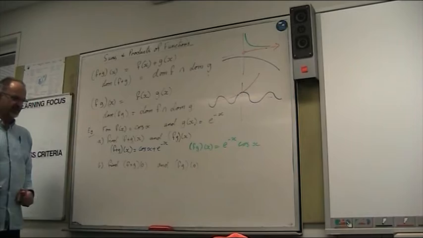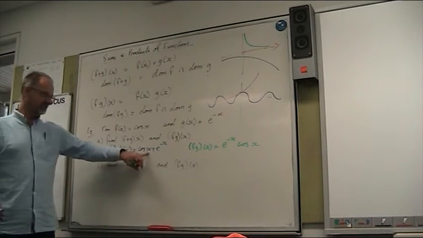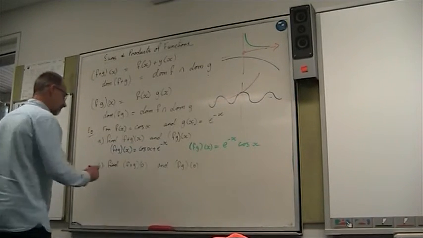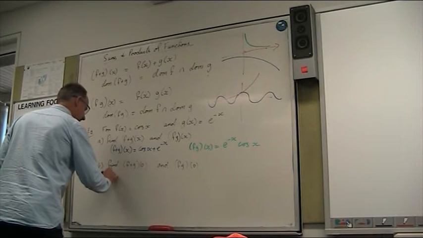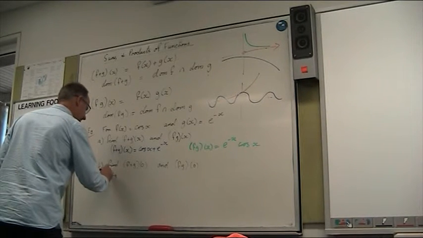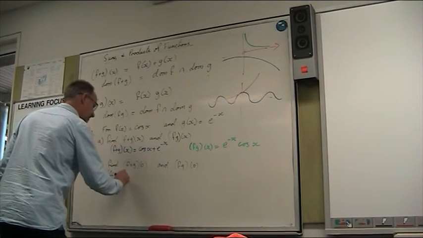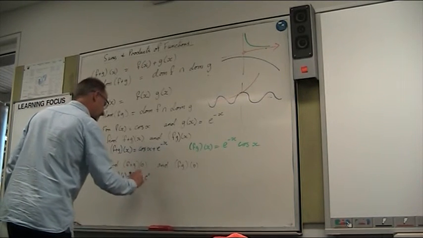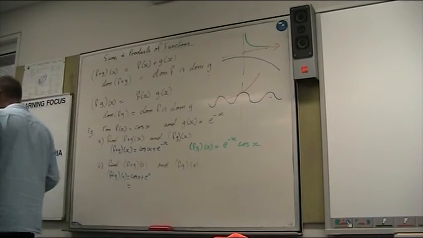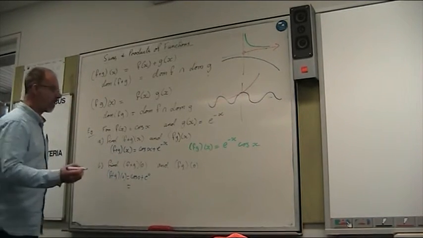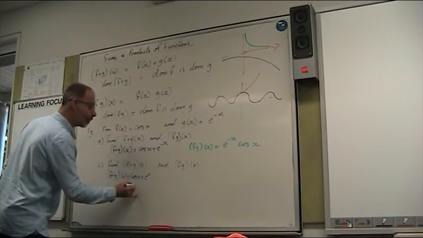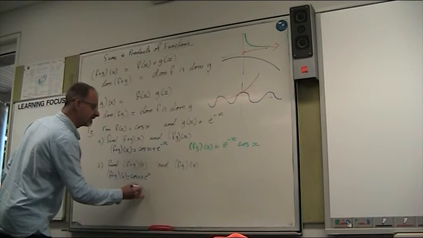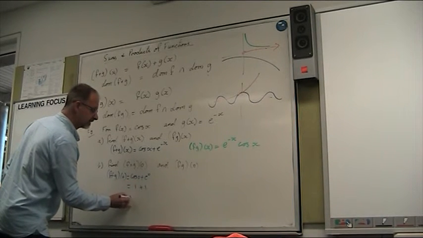Alright, so f plus g of 0 just means you put 0 in here for x. And so f plus g of 0 would be cos of 0 plus e to the 0. Cos of 0 is 1, e to the 0 is 1, so that's 2.